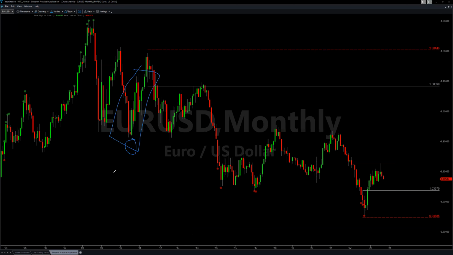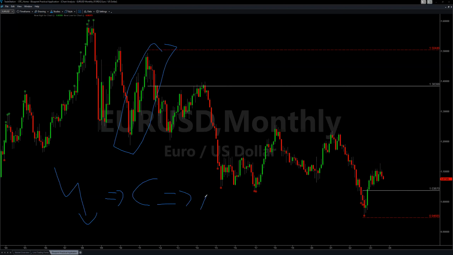Lower low, time for a correction. What we got? High, low, a higher low, higher high, right? Have to understand this. In a downtrend, the correction is an uptrend.